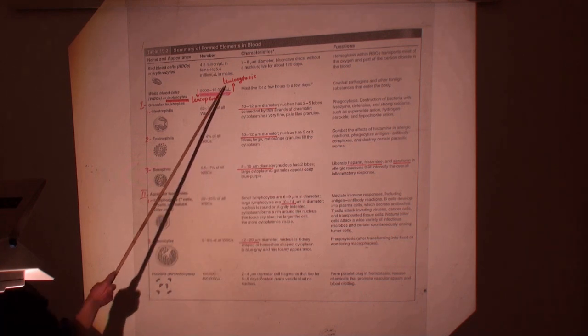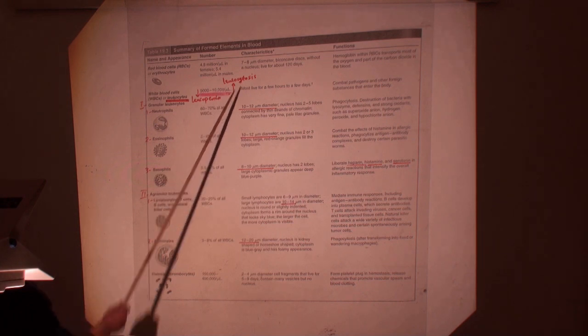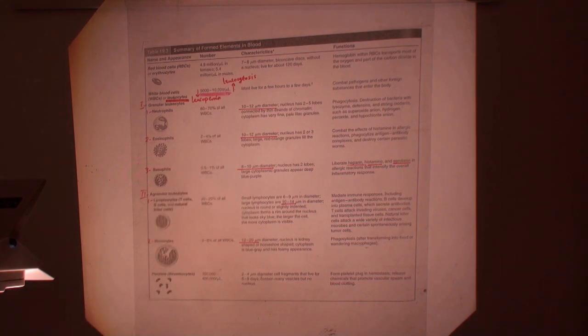And high white blood cells is called leukocytosis. There is no difference between males and females in the count of the white blood cells. We'll come to this after 1 minute.